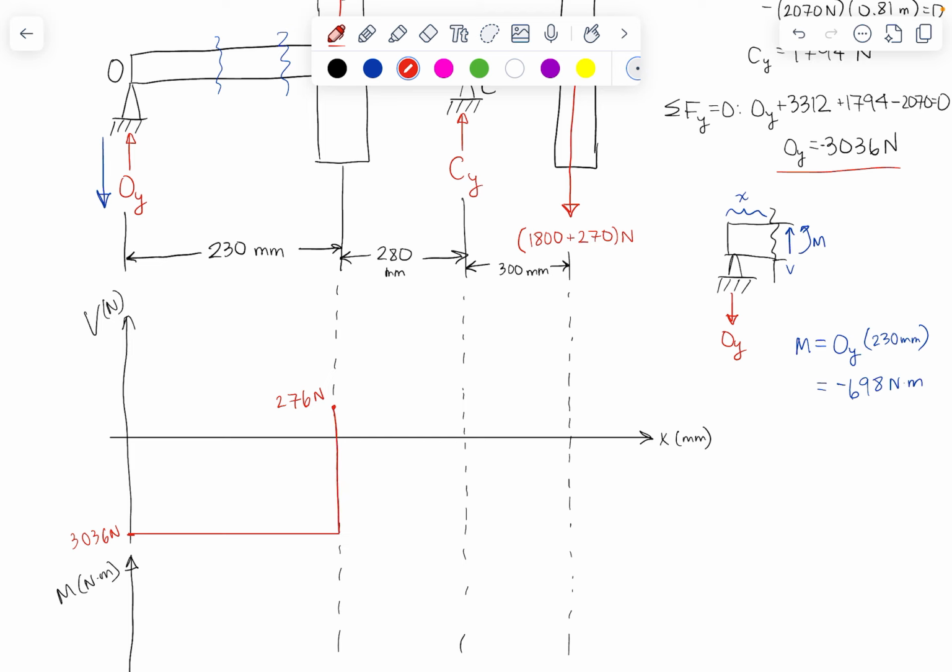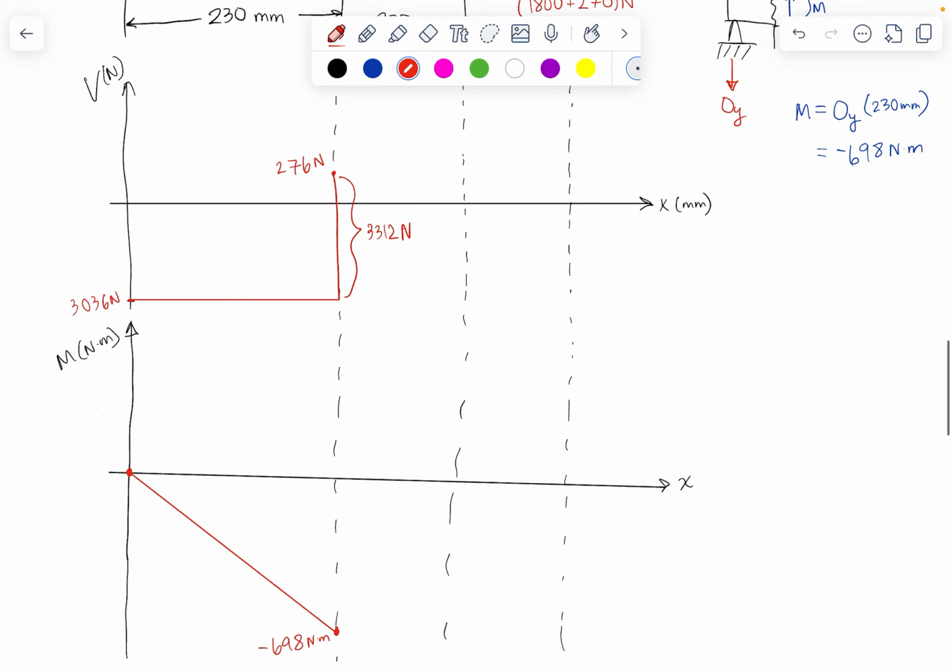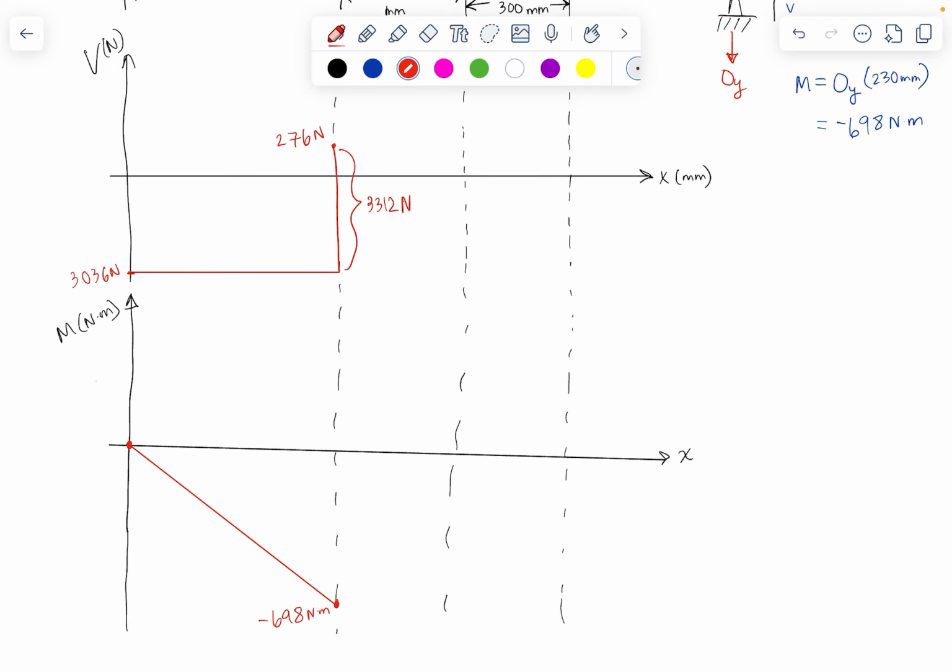Another way to think about this is, just as I'm plotting my shear force diagram, I'm at negative 3,036 newtons all the way until I reach this reaction force, and then I just add my applied load here, which was the 3,312. So this distance is going to be 3,312 newtons that we need to go up in our shear force diagram. So what does that do to our bending moment diagram?